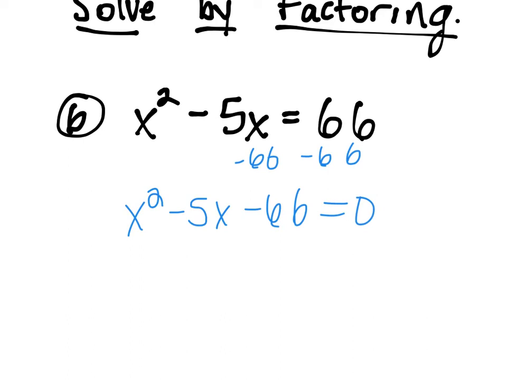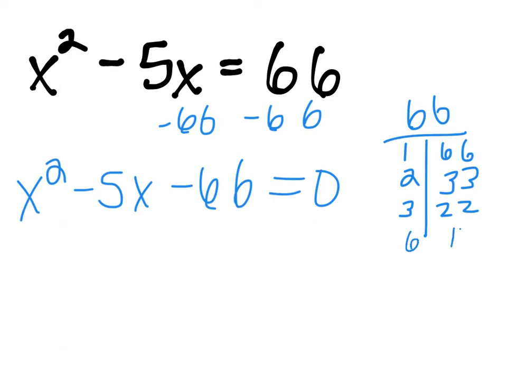So I'm looking for factors of 66 that multiply to give me a negative 66, but add to give me negative 5. If you don't know off the top of your head, write out the factors of 66. 1 and 66. 2 and what? 33. 3 and 22. 4, 5, 6 and?